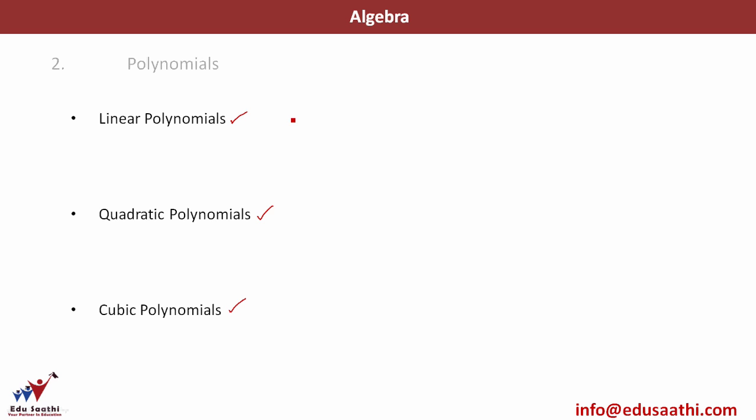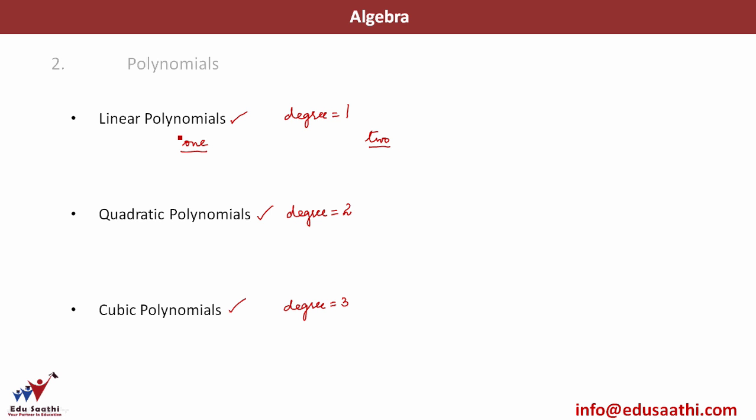Linear polynomial means the degree of this polynomial would be 1. Quadratic polynomial means the degree would be 2. And cubic polynomial means the degree would be 3. I have no clue about the number of terms or the number of variables. The number of variables could be 1, 2, 3, and so on.